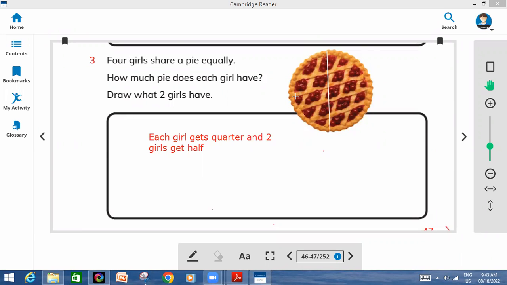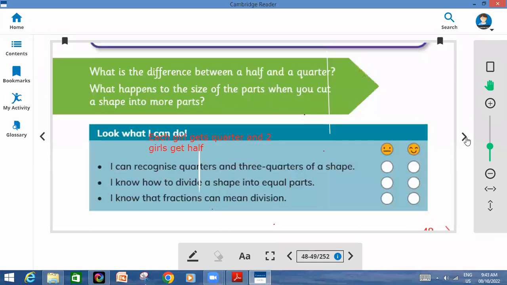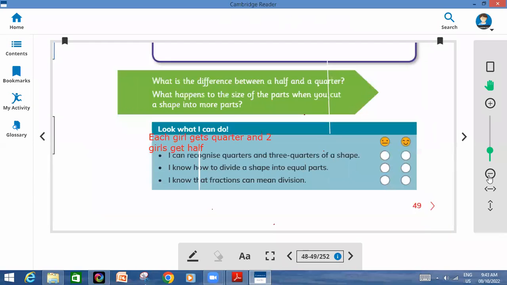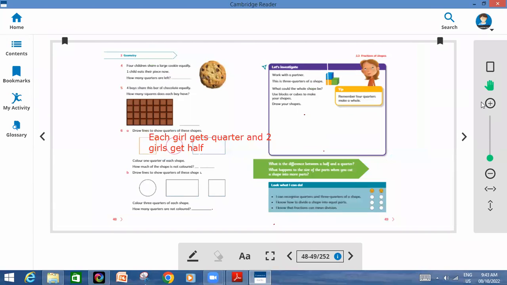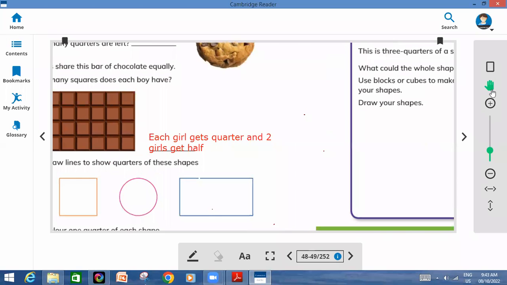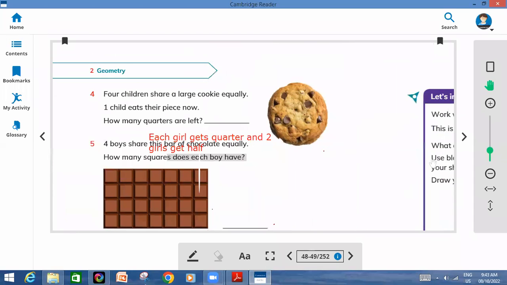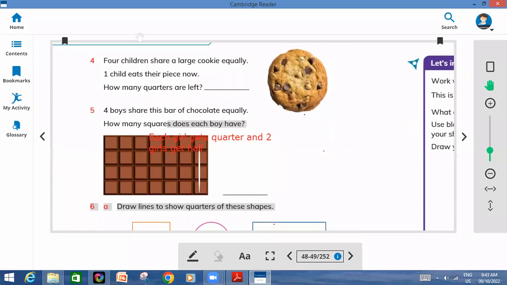Okay, moving on to the next question, that is question number 4, that is on the next page. Just a minute, let me adjust the book. So we have question number 4. 4 children share a large cookie equally. One child eats their piece now.